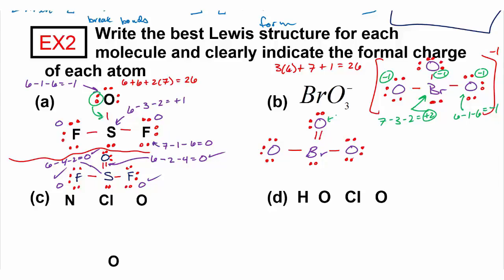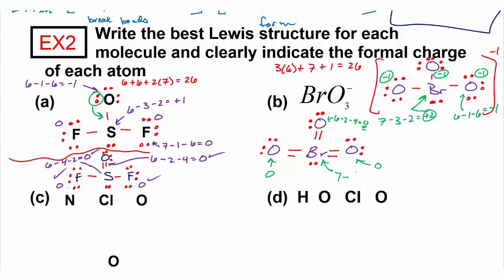Now here, I would have 6 valence minus 2 bonds minus 4 lone electrons. I get 0. So why don't we move all of these in? And we'll have zeros on all those oxygens. Let's try it. What would that look like? Put a double bond here. Put a double bond here. And our formal charges are zeros for those oxygens. What is it for bromine?